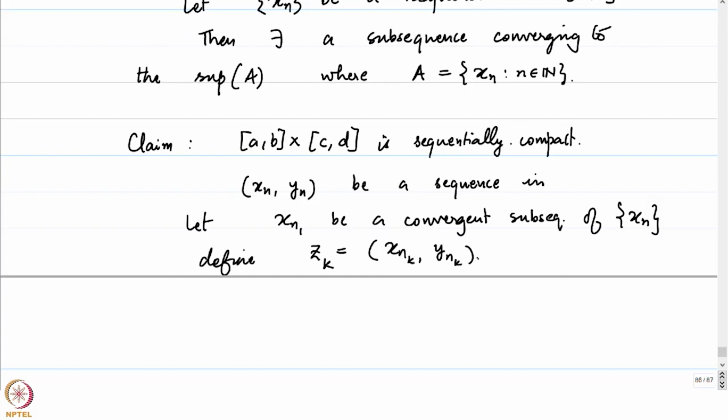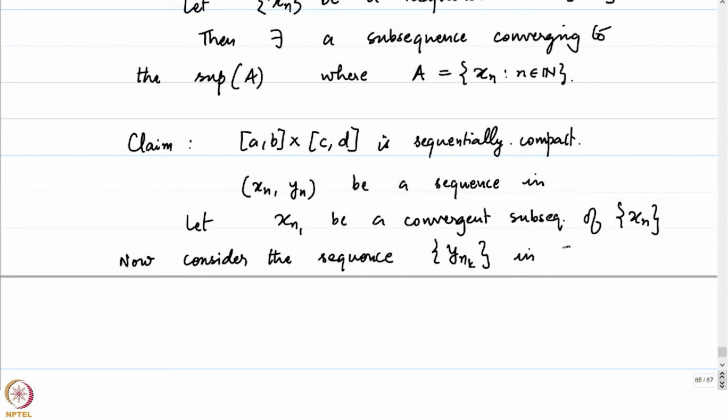Let me not bring in unnecessary notations. Let me just say that now you consider a new sequence, consider the sequence ynk in CD. Here remember that it is with k, the indexing.